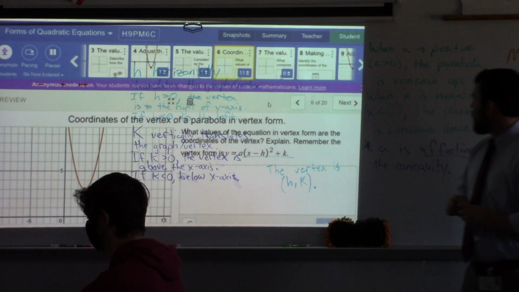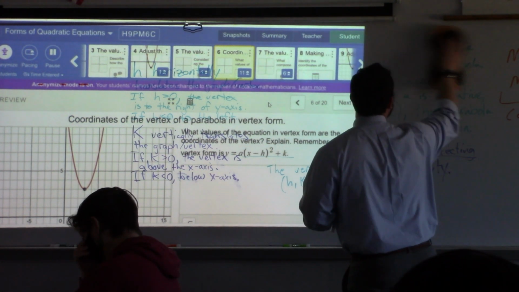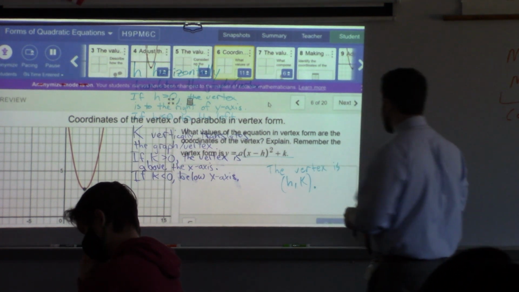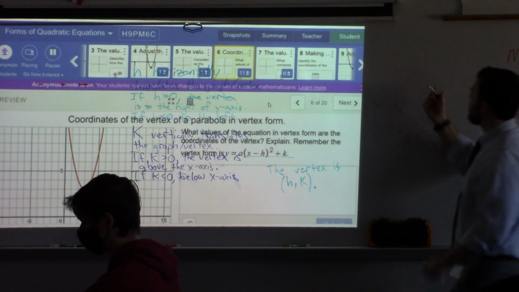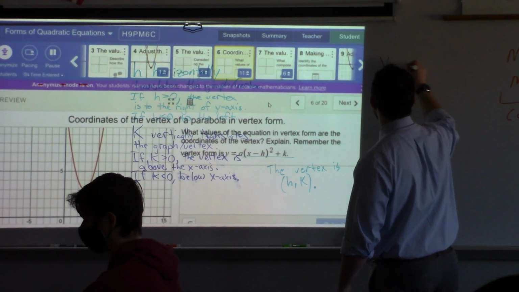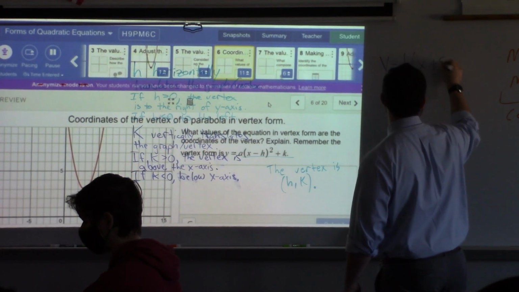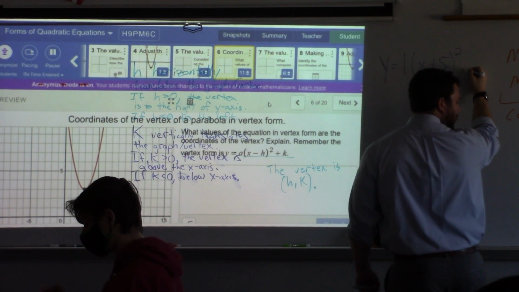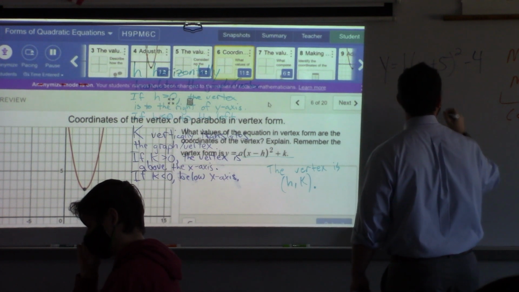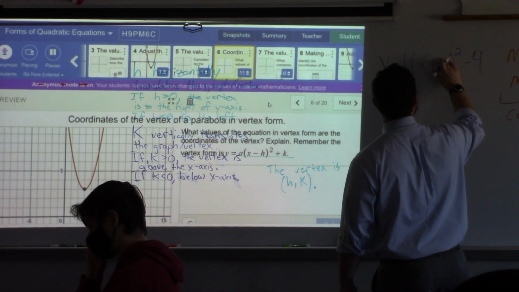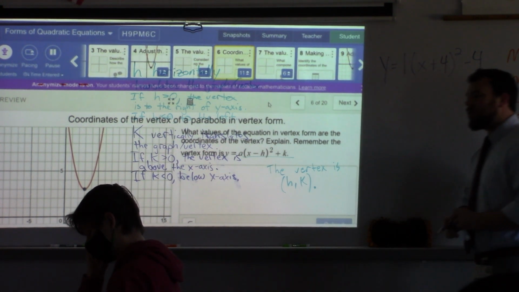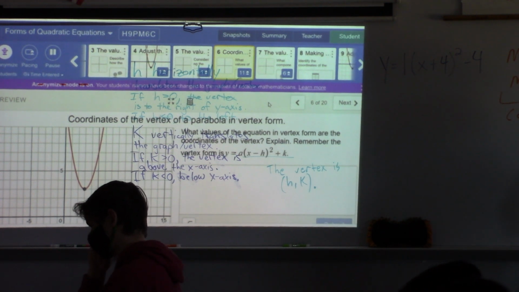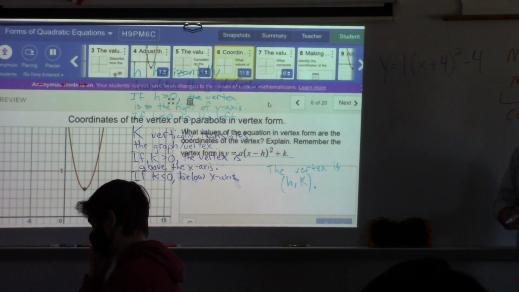Now, I want to point something out because this already came up with one student noticing and asking this question. Jaden was looking at, was it this equation? 1 times x plus 5 squared, was it minus 4? The 5 was a 4 as well? Okay. So in this equation, what do you think your h value is? 4? Yes.